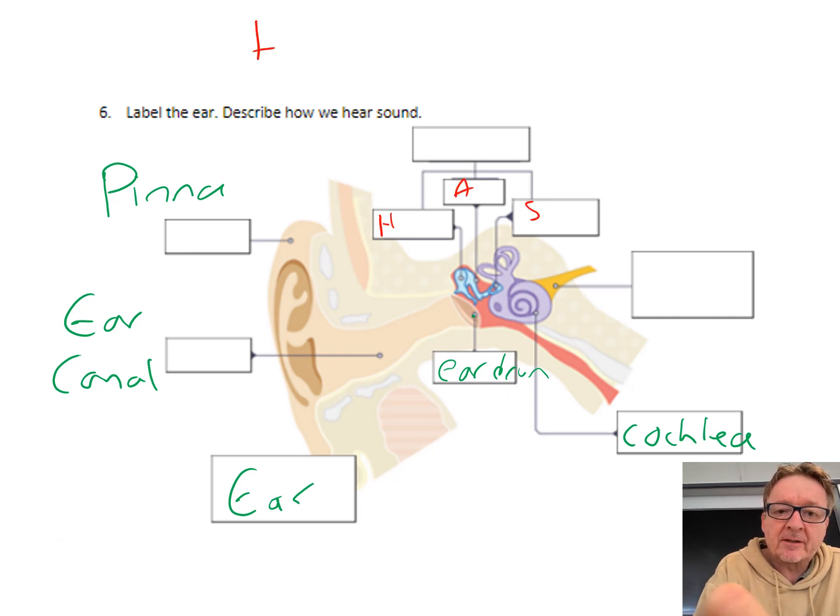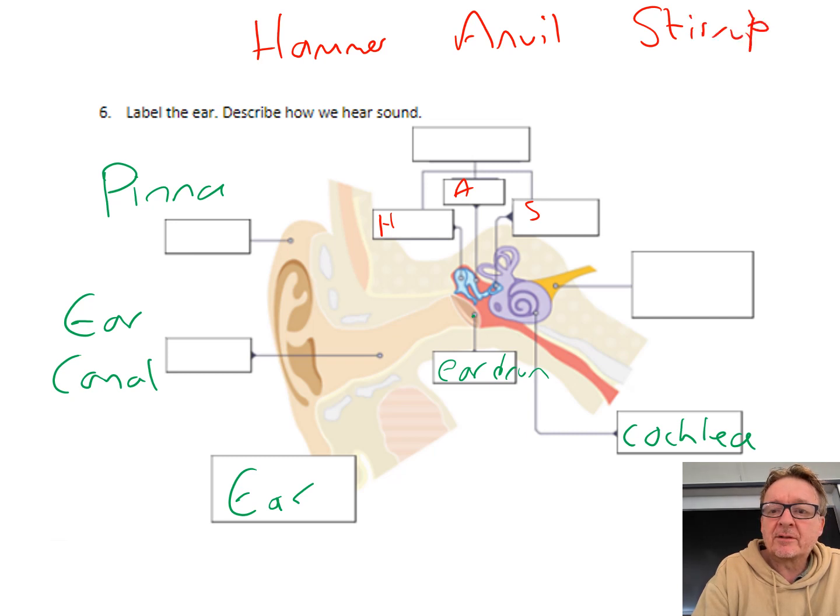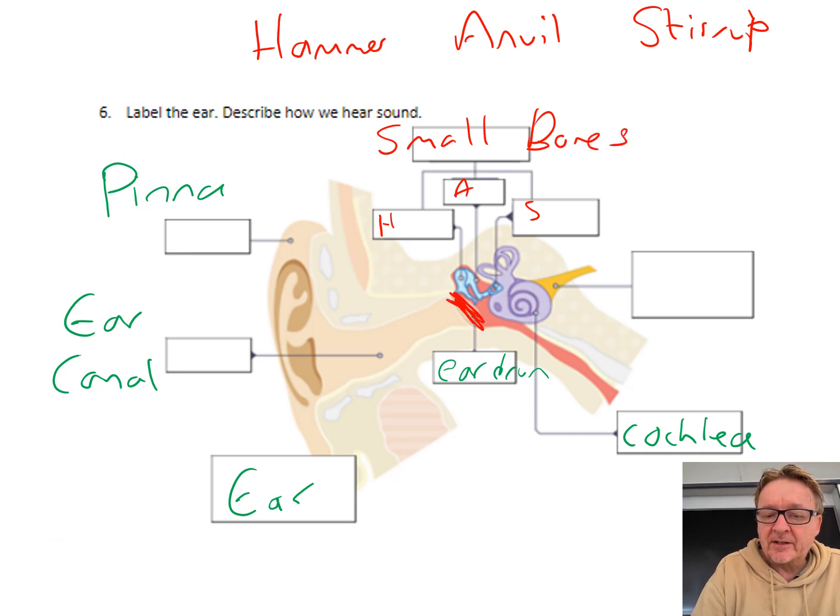Then what we've got is 3 bones in the middle, and it goes hammer, anvil, stirrup. I'm going to write them up here. Hammer, anvil, stirrup. They kind of look like it, particularly the stirrup. These are the small bones in your ear. What they do is they transfer information from the eardrum into the cochlea, which is this here.